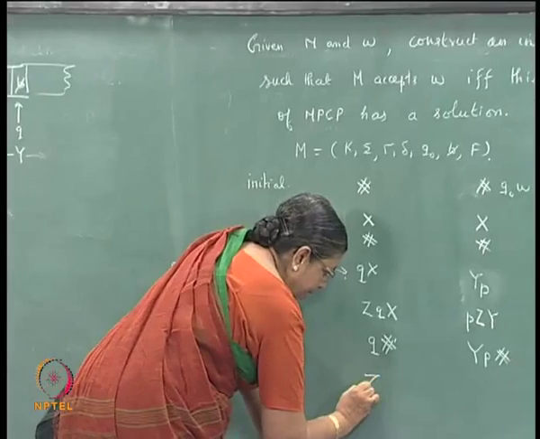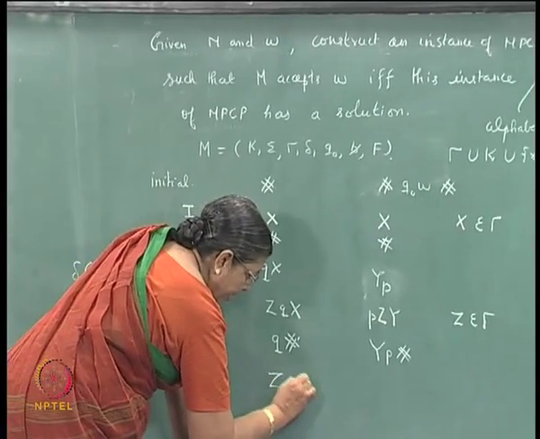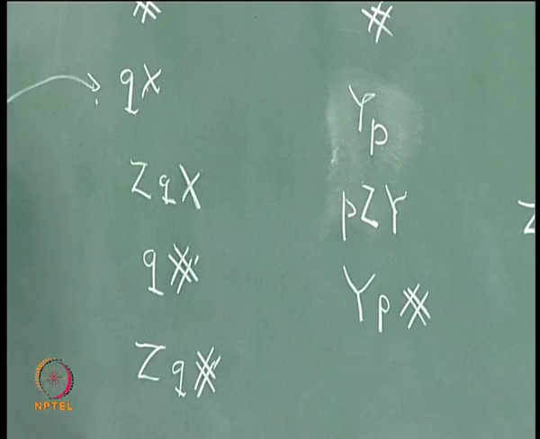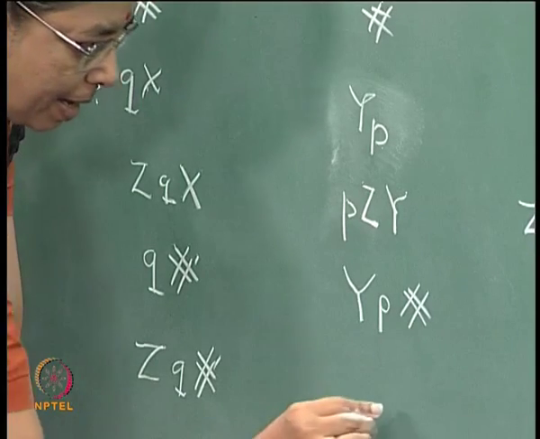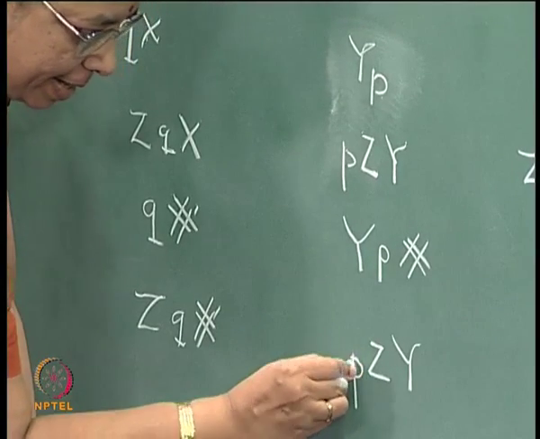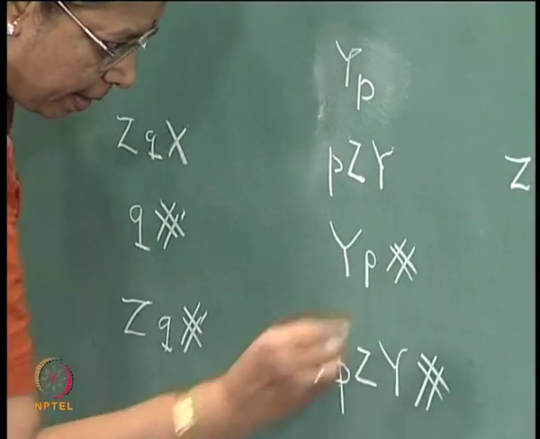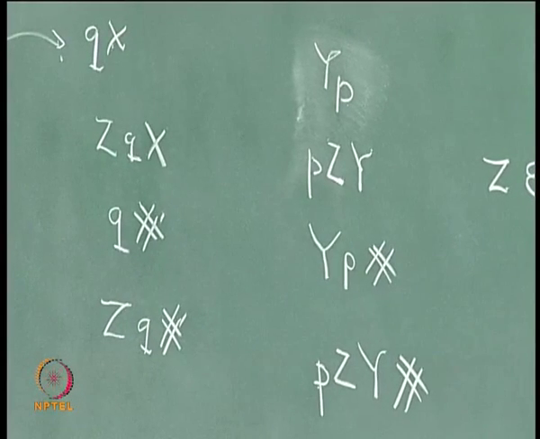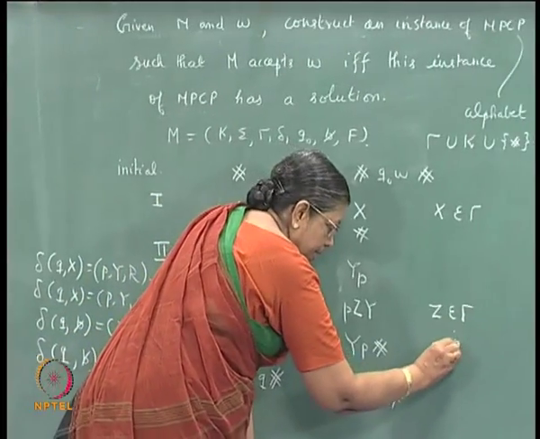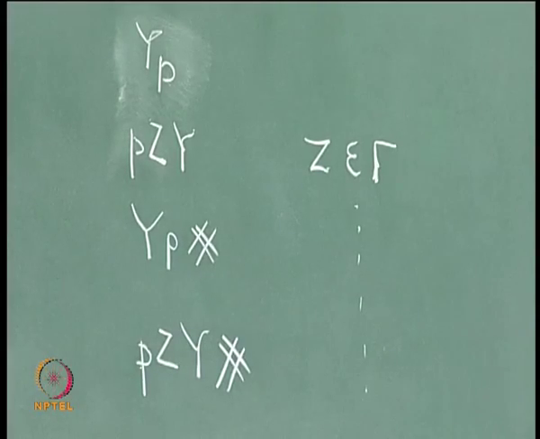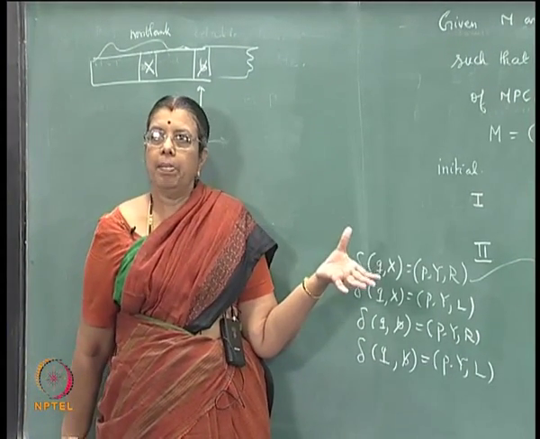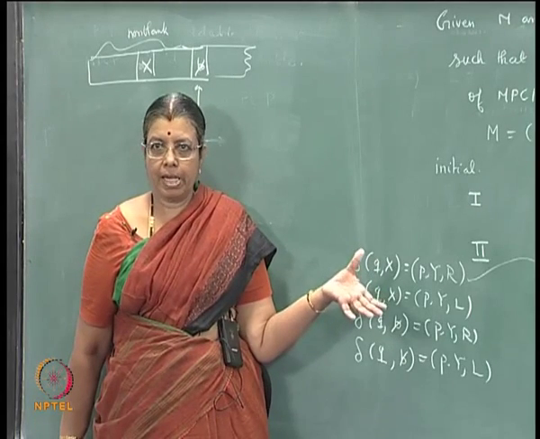Here again, for each symbol of gamma you will have a pair. So, it will be ZQ hash. Then it prints a Y but moves left and it will read a Z in P. This is for each Z. So, if it is a left move, there will be pairs equal to the number of symbols in gamma.